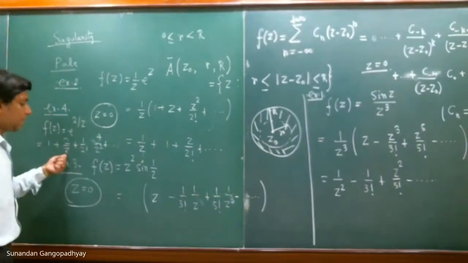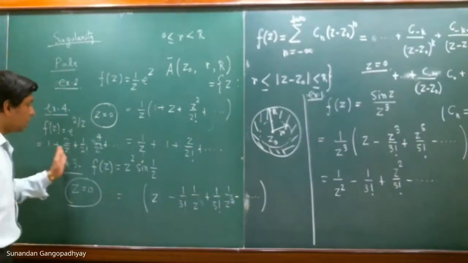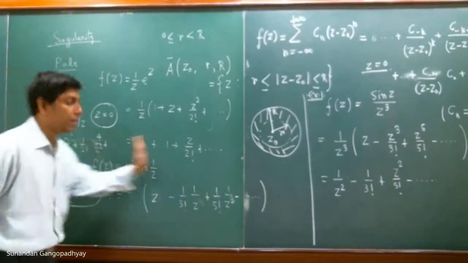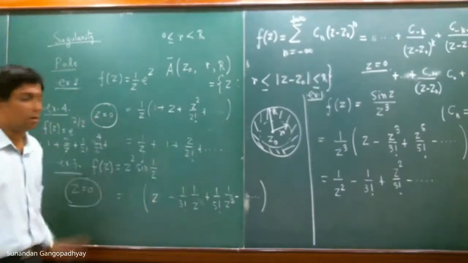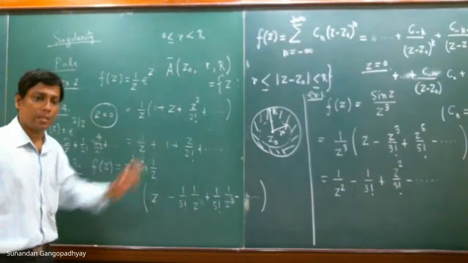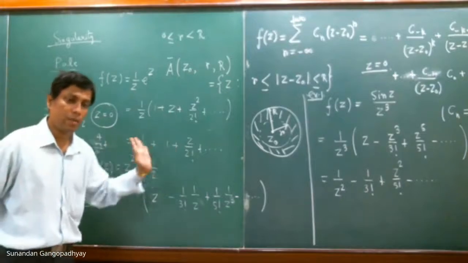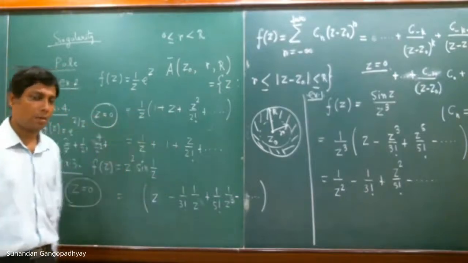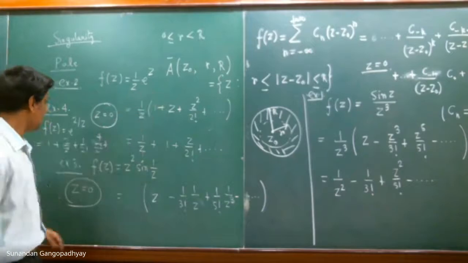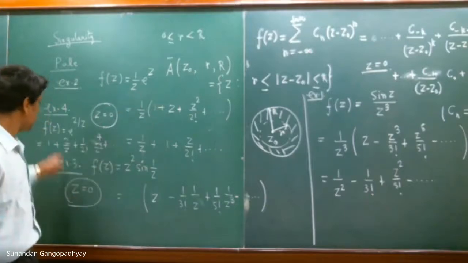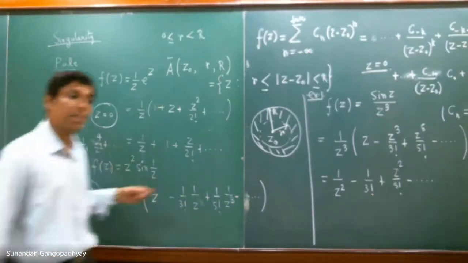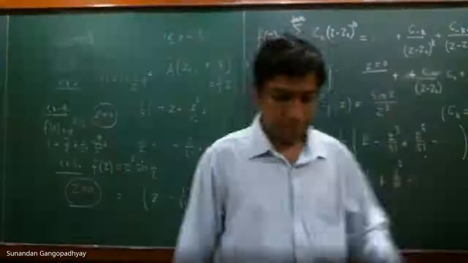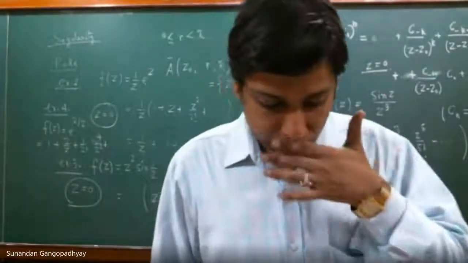It has a singularity at z is equal to 0, and the negative powers keep on increasing as you go. Therefore, all the coefficients in the Laurent series expansion on the negative side are non-zero. It goes on like this, and therefore the singularity at z is equal to 0 for this function is an essential singularity.